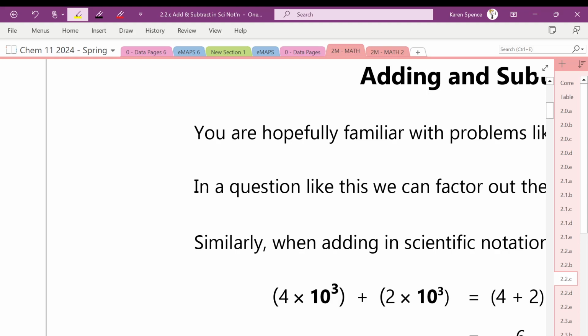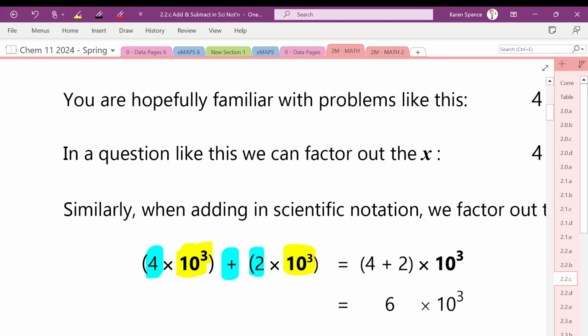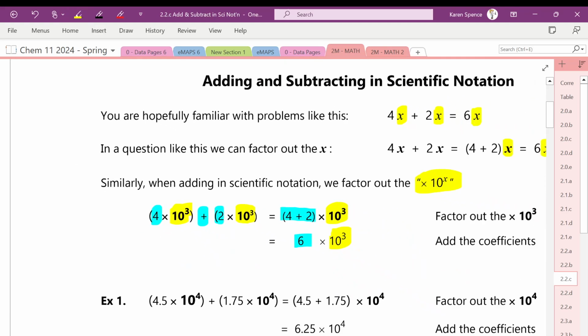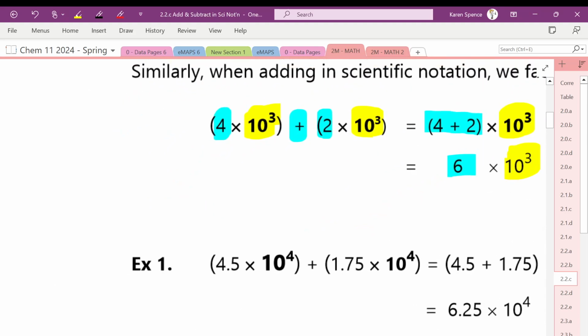We're going to factor out the power of 10. So we're still going to have 4 plus 2, and then times 10 to the 3. Then you just add the 4 and the 2 and you get 6 times 10 to the 3. Okay.